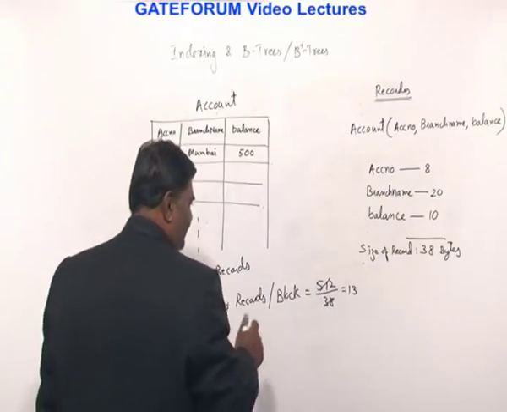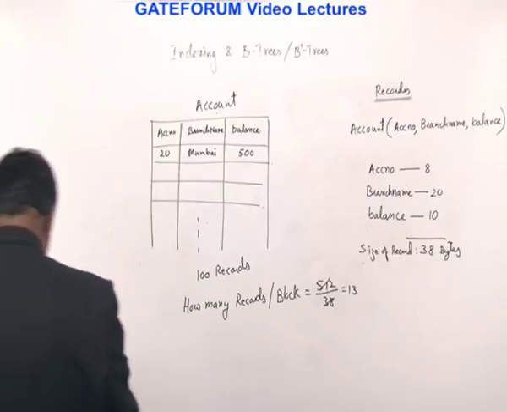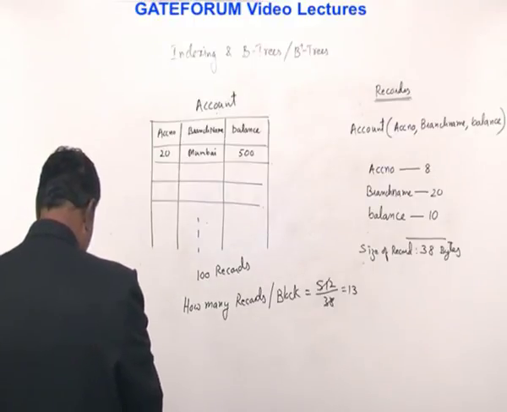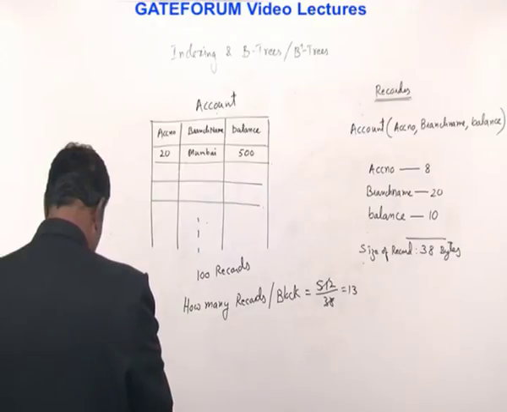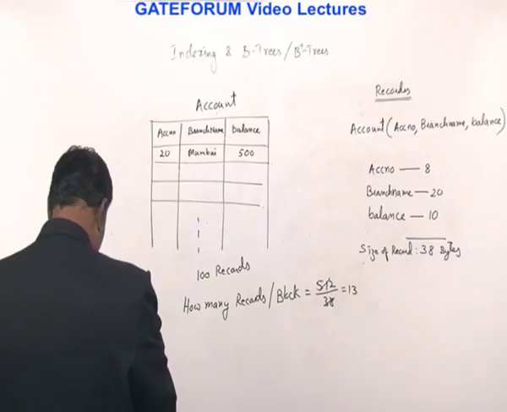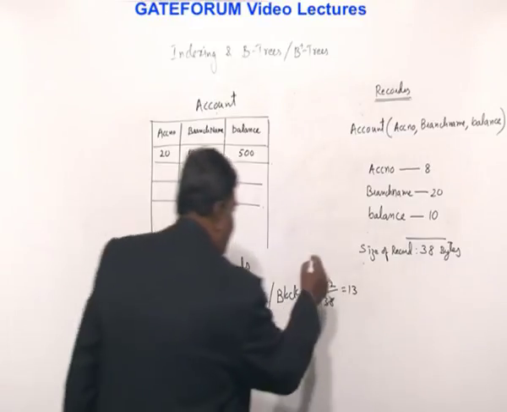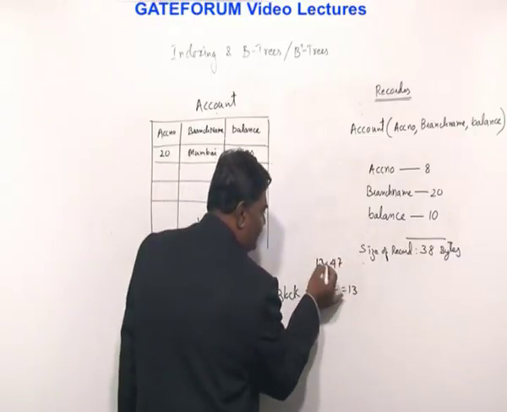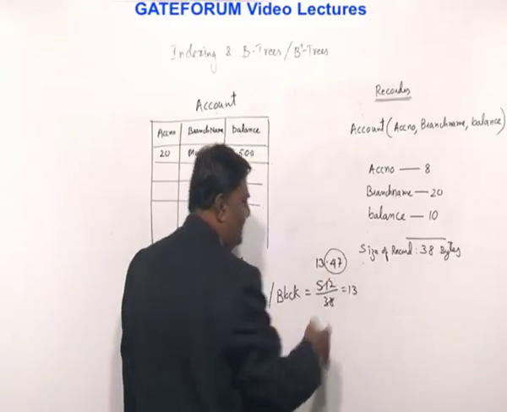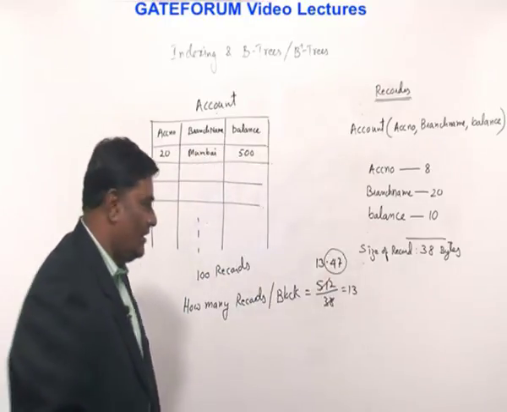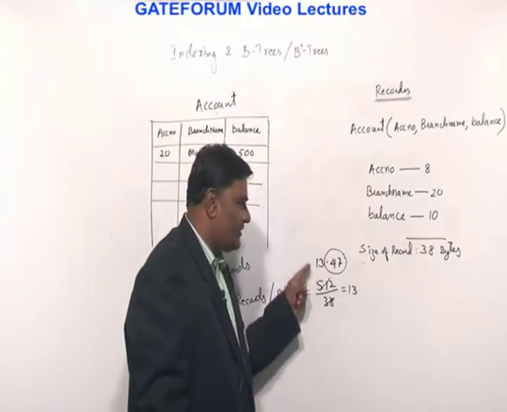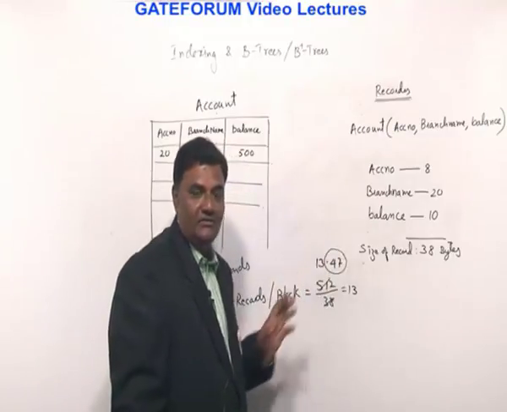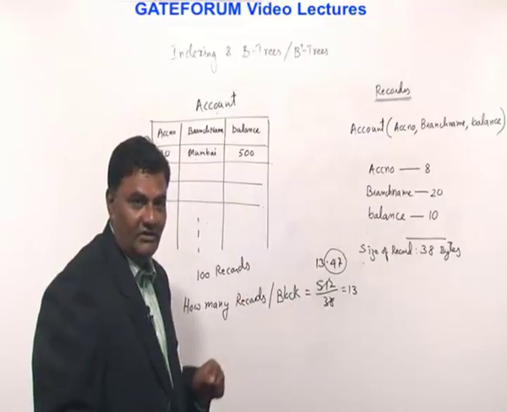If I take the exact value, I'll just check it. We are getting 13.47. So leave it. We can store 13 records per block.